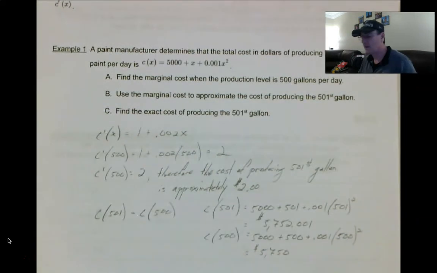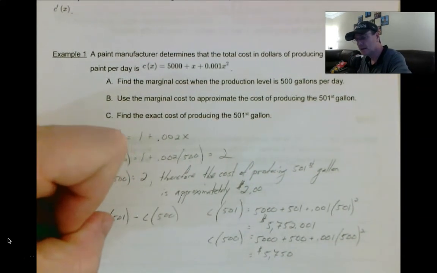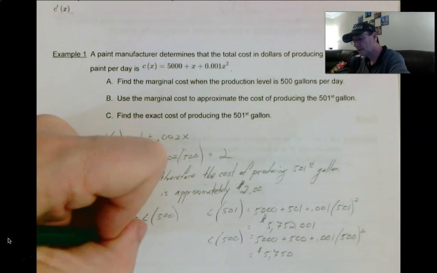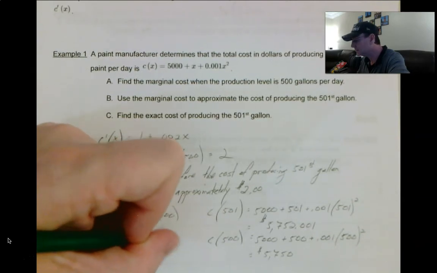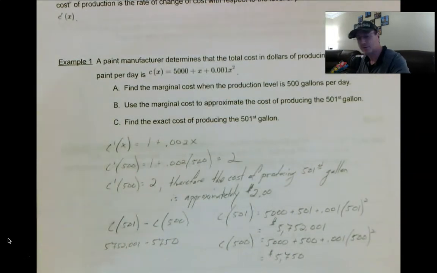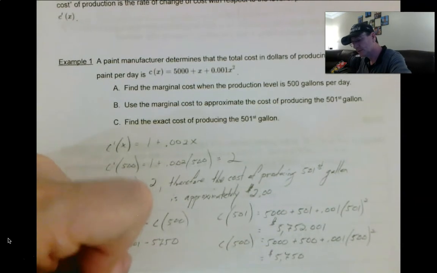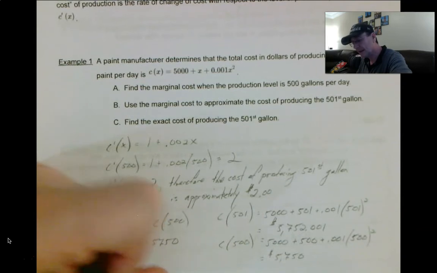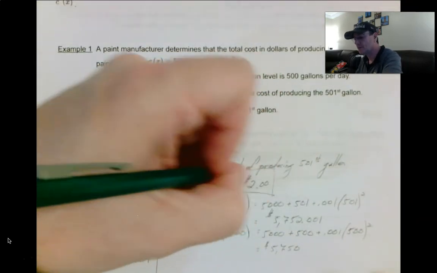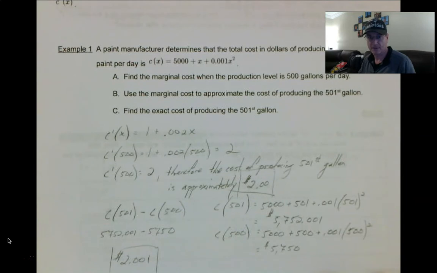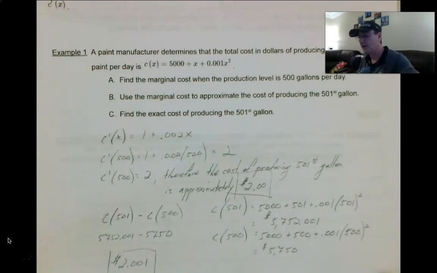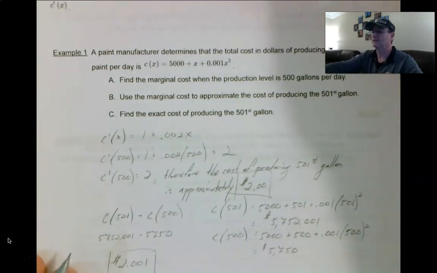And we'll come back over here, $5,752.001 minus $5,750 gives us the cost for the 501st gallon to be $2.001, about a tenth of a penny over $2, which is really close to our approximate cost based on the marginal cost, which is based off of the rate of change. That's example 1.